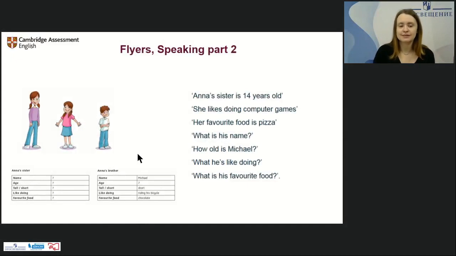So again, Marta's answers for Flyers Speaking Part 2. Can you find the problem with range? So it's going to be grammar and vocabulary.